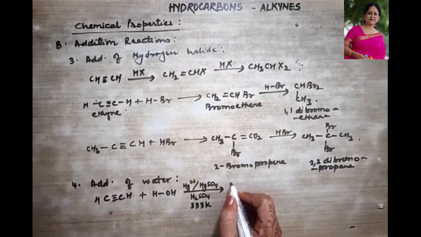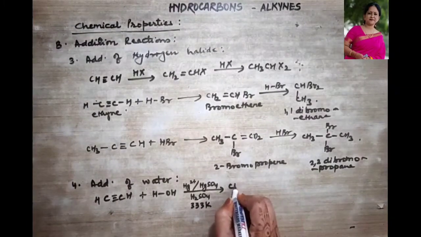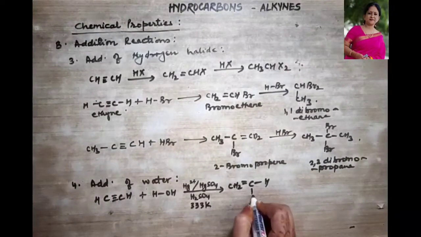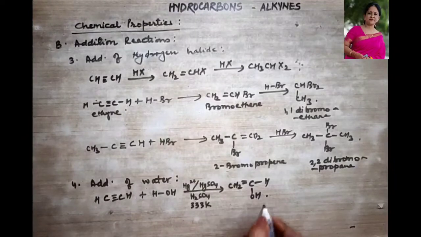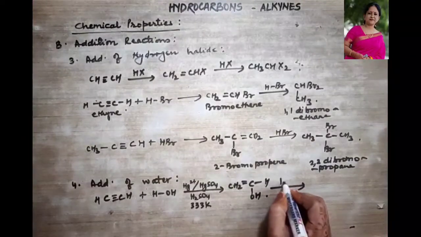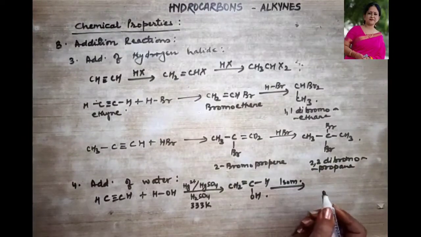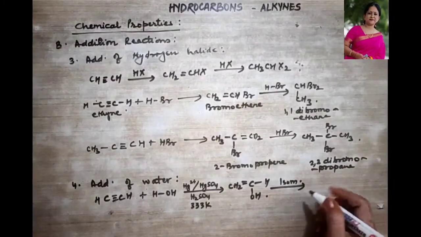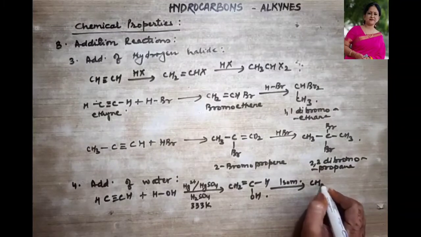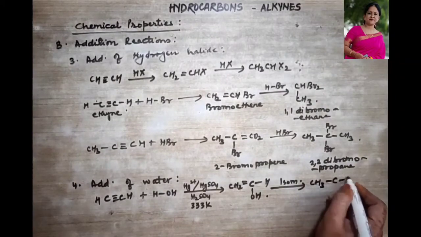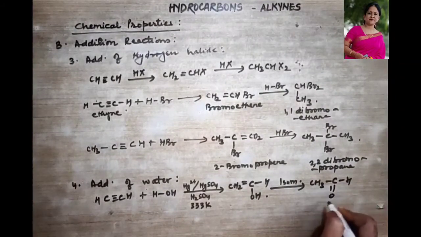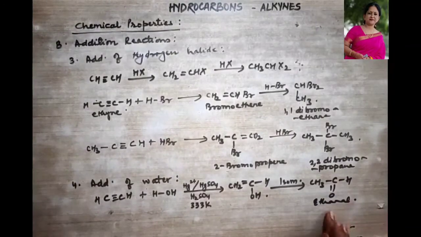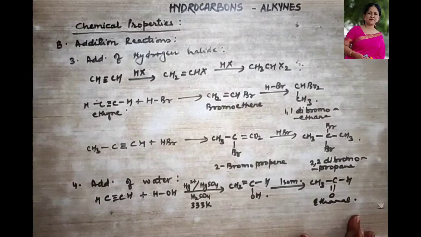Then it is going to form an unstable compound, that is CH2 double bond CHOH, right? And further on isomerization, it is going to form an aldehyde, that is ethanal, CH3CH double bond O. What is this?